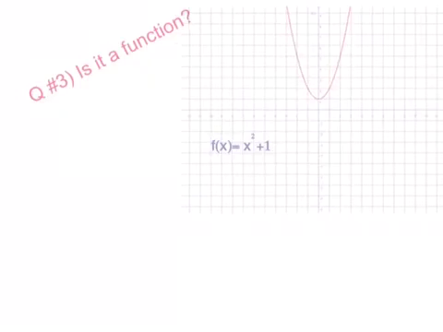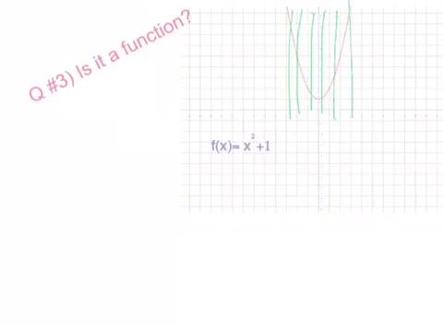A vertical line test is where you take your pen, pencil, or whatever utensil you're using, and you draw lines down the graph, like so. As you can see, if any of our lines cross through the U graph more than once, then that means it does not pass the vertical line test.